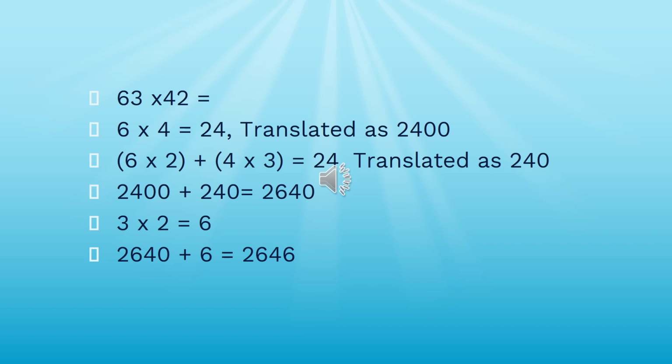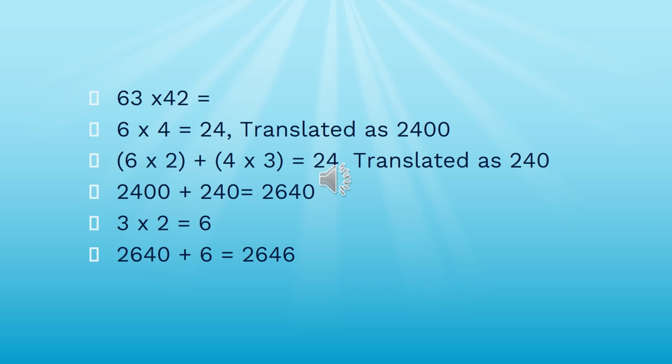Since this is our second partial product, we attach the 0 to 24 to have 240. Now we add this to our first partial product of 2,400. 2,400 plus 240 is 2,640.